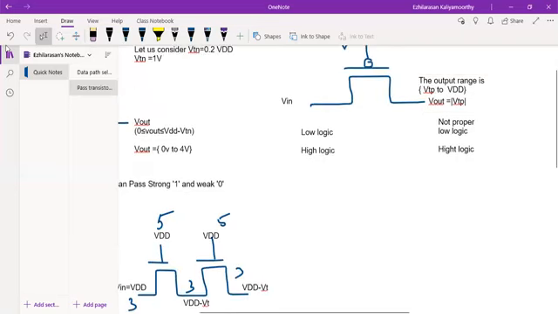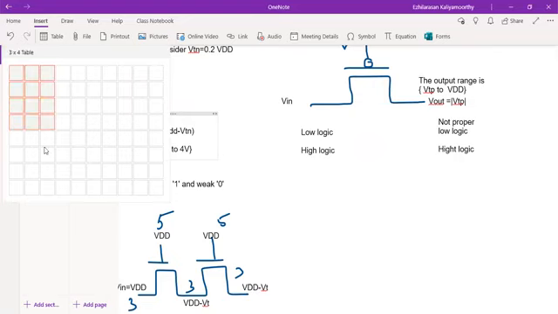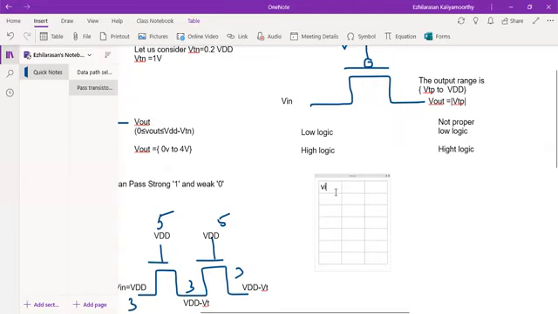Let us go for an example here. This will be your V in, this will be your V out. Let us say 0, 0.5, then 1, 1.5, then 2.5, then 3.5.